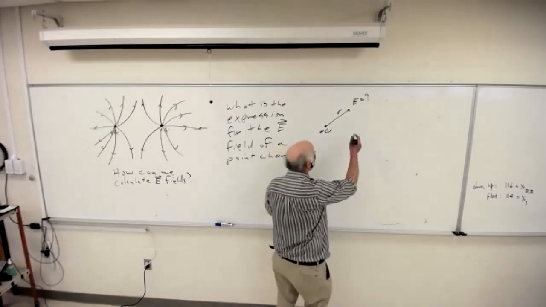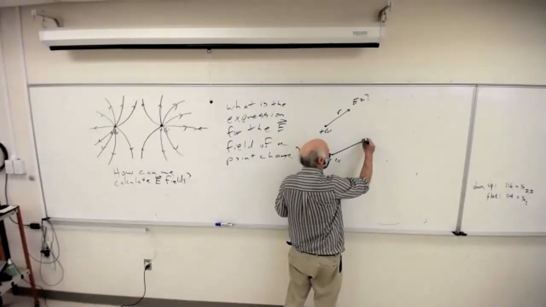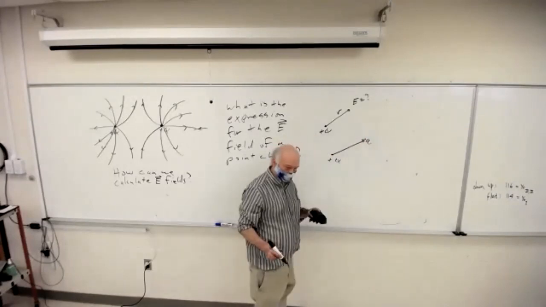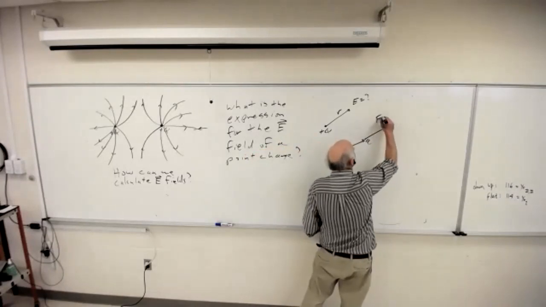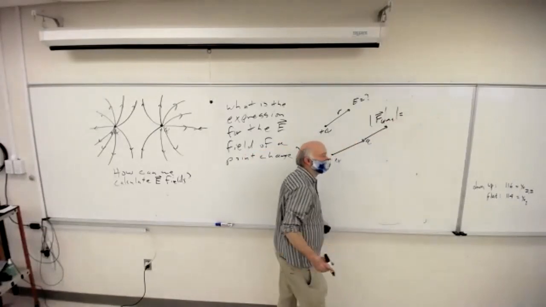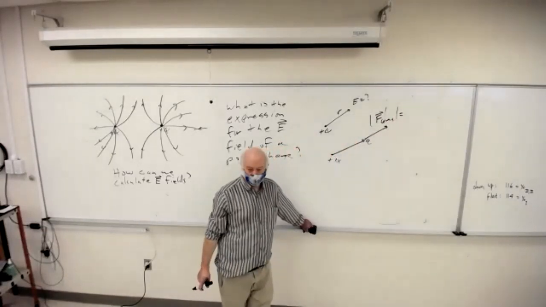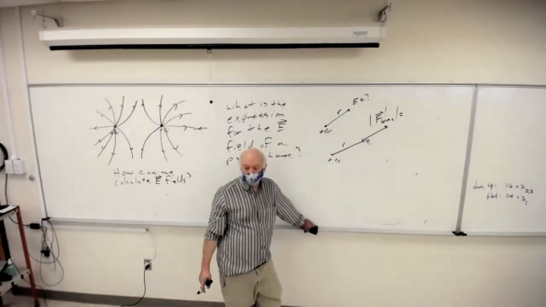Okay, so to do this I come over here, I put my little positive test charge q here. And I ask, what is this force? If I look at the magnitude of the force that this Q exerts on little q, I'll give you a hint, you're pros at this. This is R. What is the force between those two point charges?